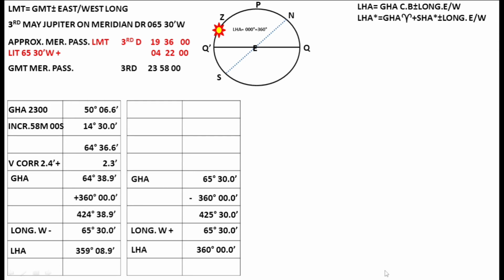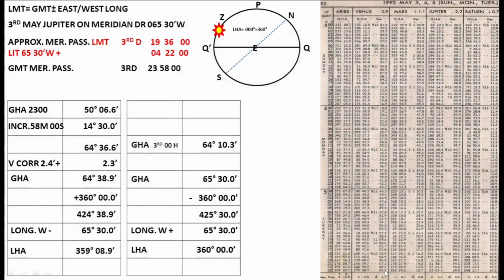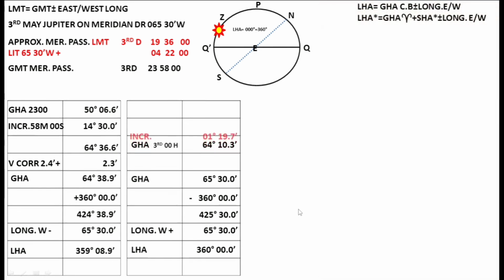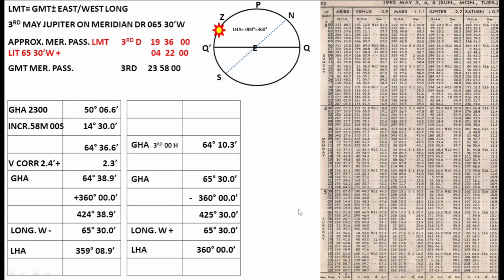So I go to the same page of third and look for a value of GHA which is less than 65, and I get the value here, 50 degrees. This is your Jupiter.